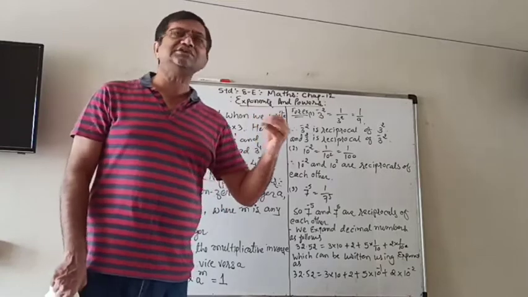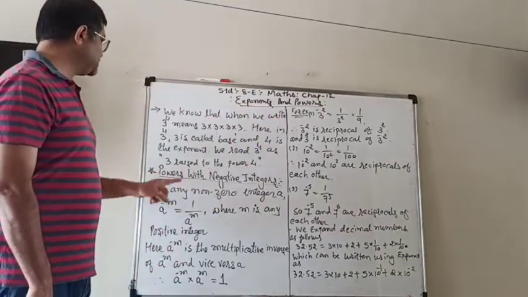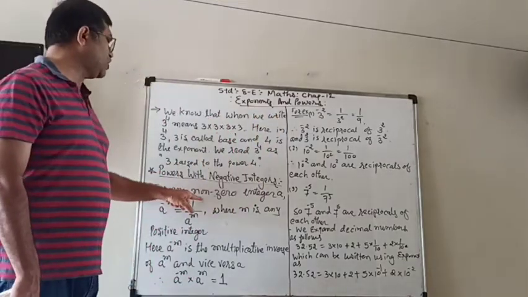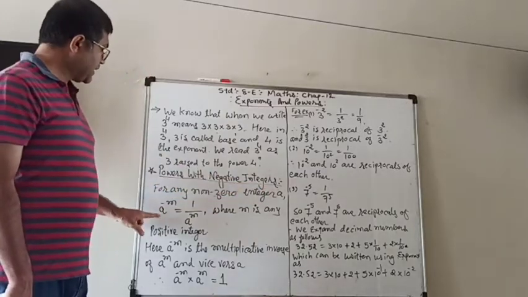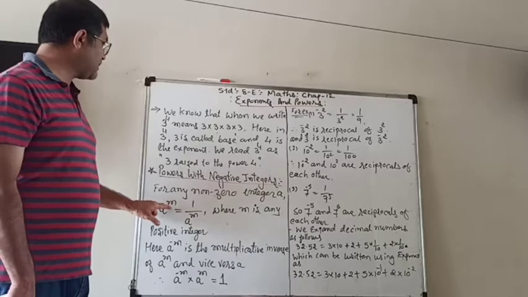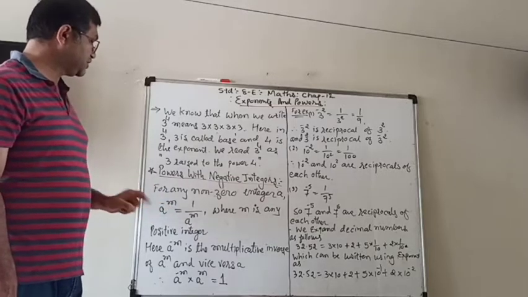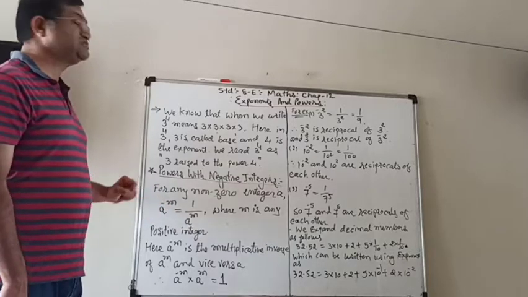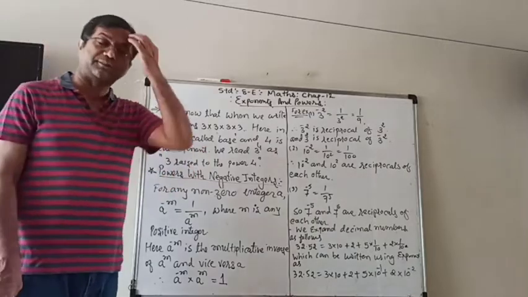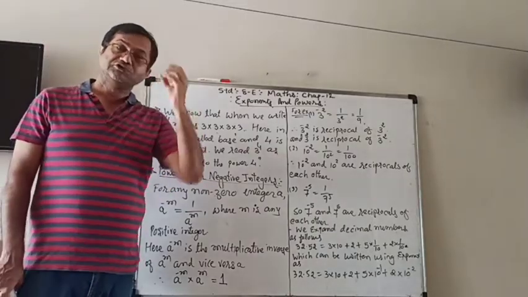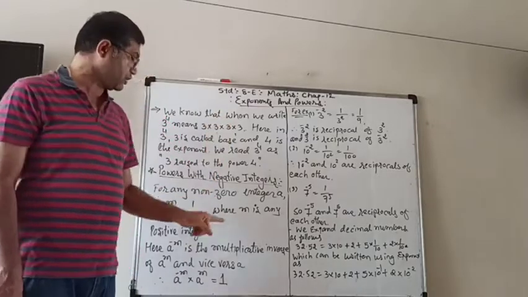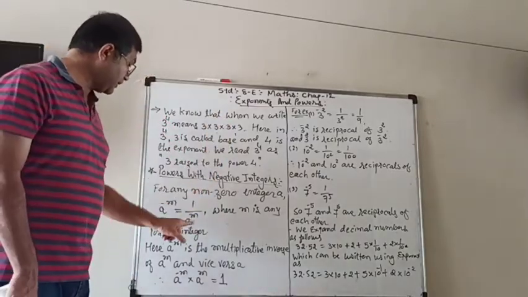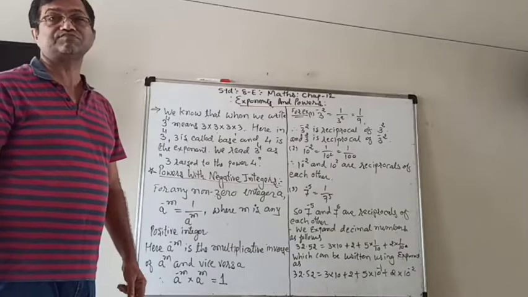So in general, we can say that for any non-zero integer a, a raised to the power minus m, where you can see the negative sign in front of m, is equal to 1 upon a raised to m.